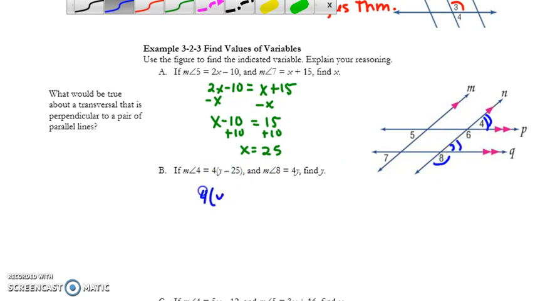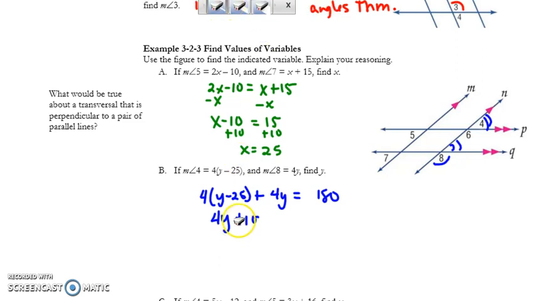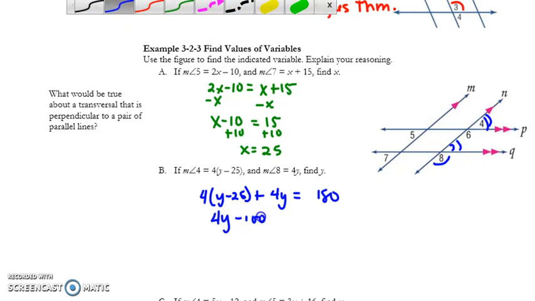So 4 times (y minus 5) plus 4y is equal to 180. So 4y minus 100 plus 4y is equal to 180. So that's going to give me 8y minus 100 equal to 180, and then we'll add 100.